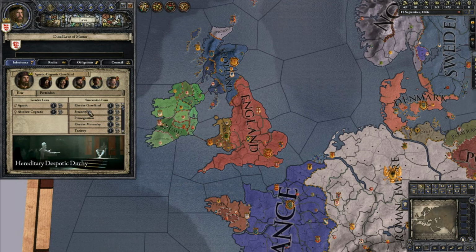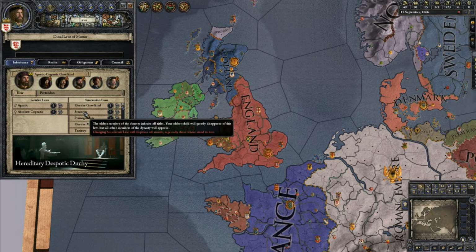Okay. Seniority. The oldest member of the dynasty inherits all titles. Your oldest child will greatly approve of this, but the other members will disapprove. So when it says oldest member of the dynasty, that's a little weird wording, because I've never used this because it's not my style. But hey, guess what? That means basically the oldest person in your dynasty gets the titles.